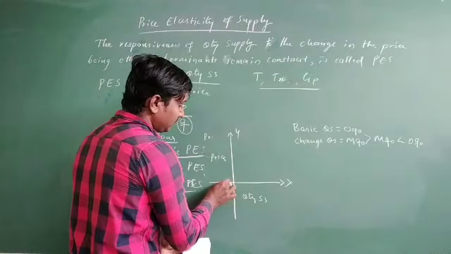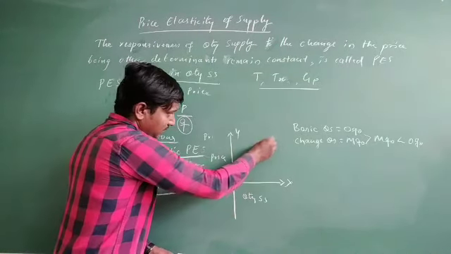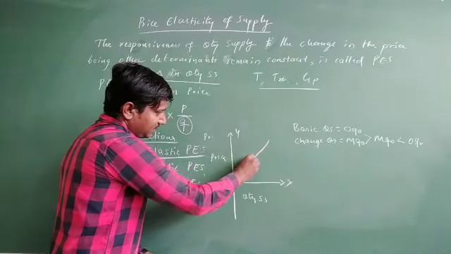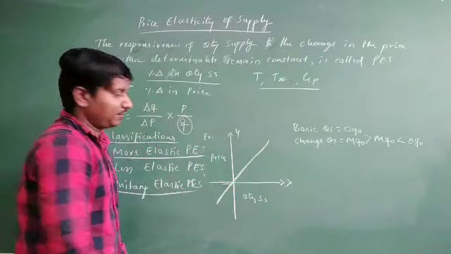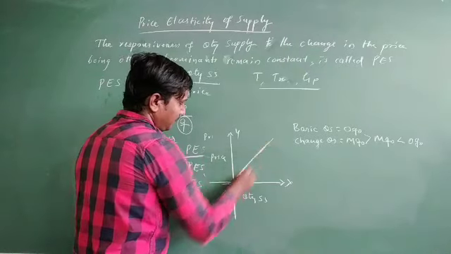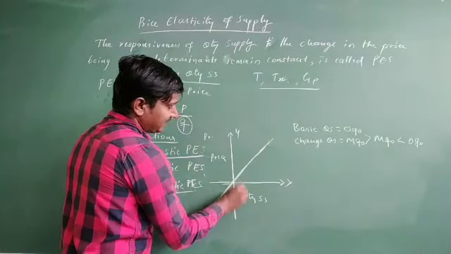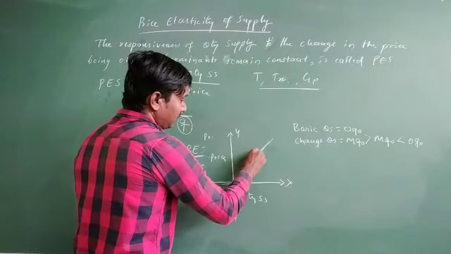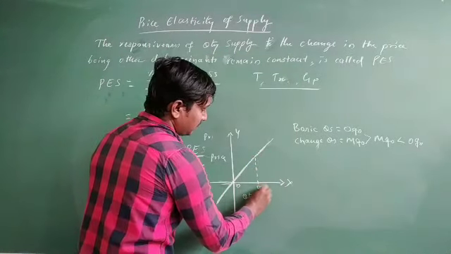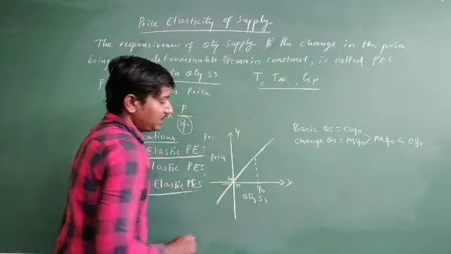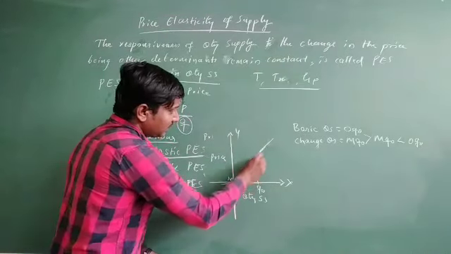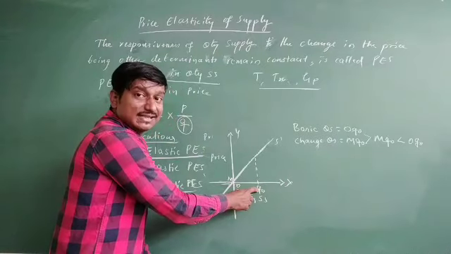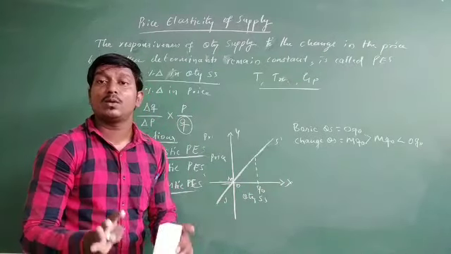Now you see, in this case the supply curve passes exactly through the origin, the intersection of the OX axis and OY axis, that is O. If this is Q naught, and here I write M, the changing supply and the basic supply are one and the same.